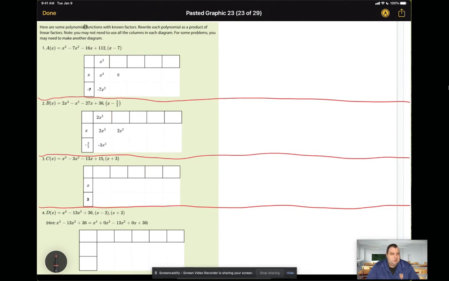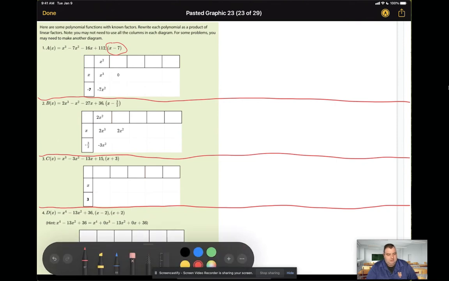When I have a polynomial and at least one of its factors, I can figure out its other factor by dividing. For example, in this one here, my polynomial is x cubed minus 7x squared minus 16x plus 112, and this right here is one of my factors.